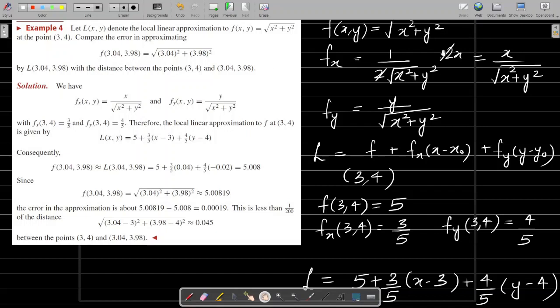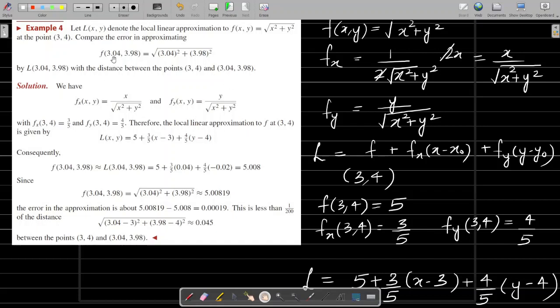We have this function with us, but usually we are actually trying to find the approximate value of this function. So we have the actual value of f at (3.04, 3.98), which is this value here. Now the approximate value, that is the local linear approximation, is L(3.04, 3.98). They are saying that this difference, that is the error between L and f, will be less than the distance between the points (3, 4) and (3.04, 3.98).